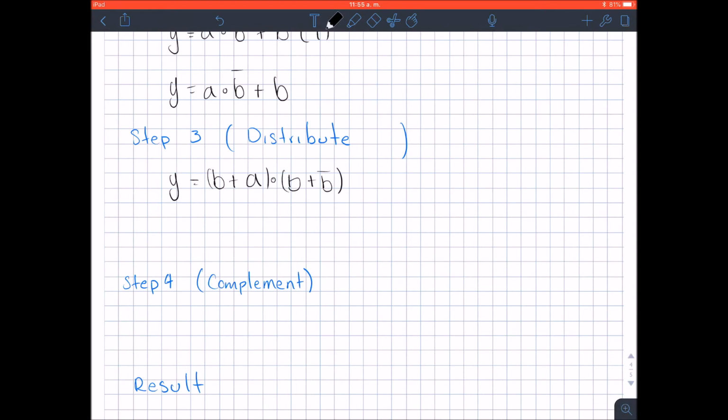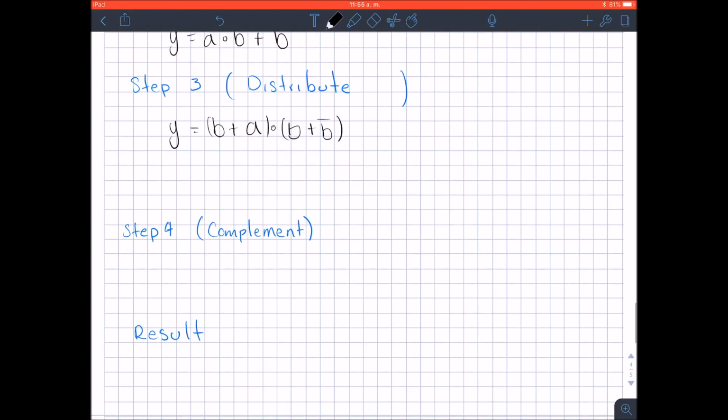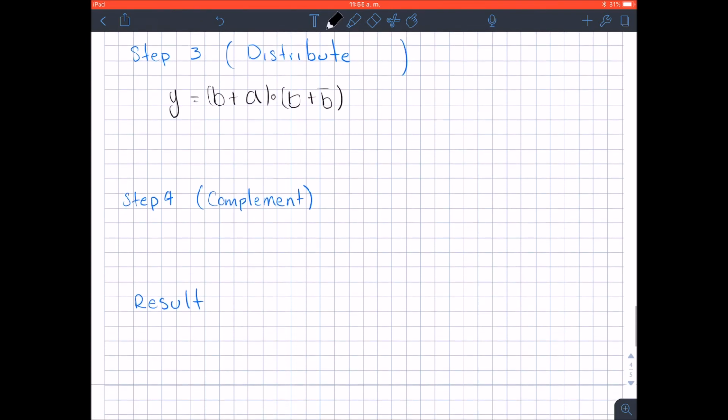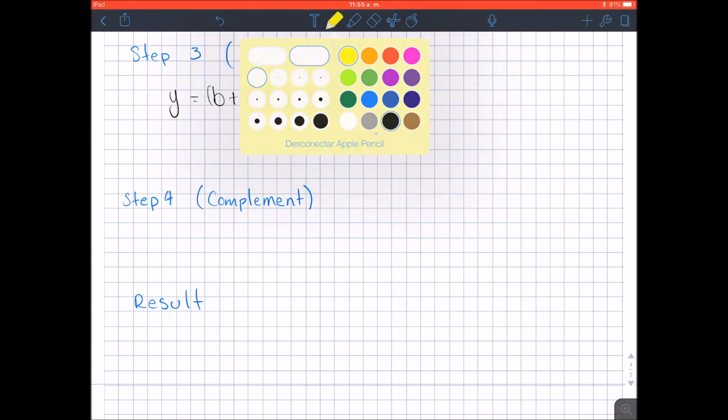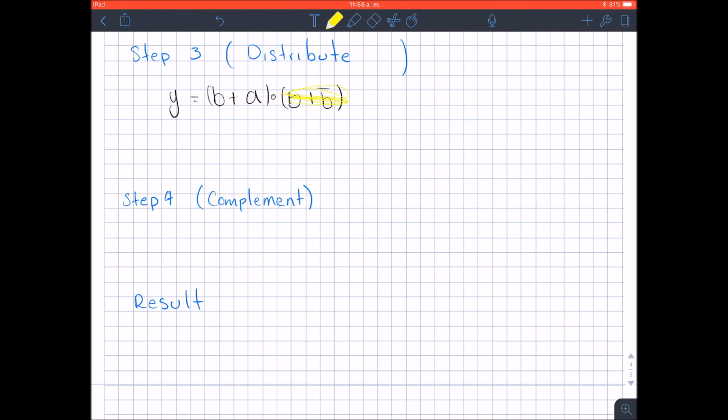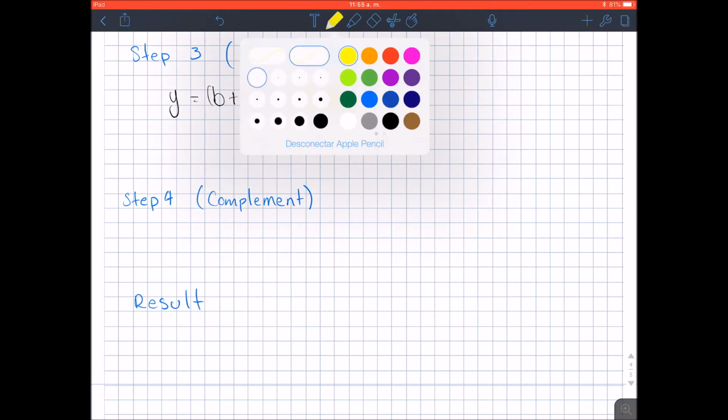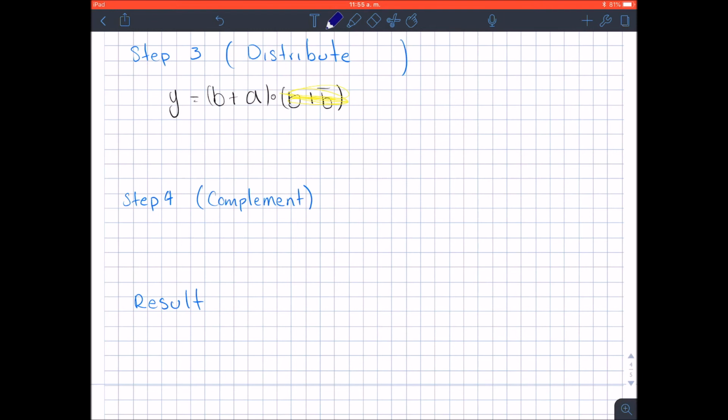Now we can see that again we have a sum of complements, so this is going to be equal to 1. And we're going to rewrite it like this, times 1. So the result is y is equal to b plus a.